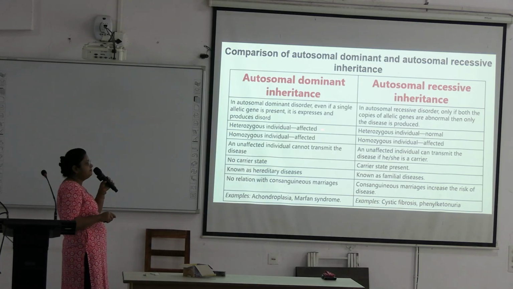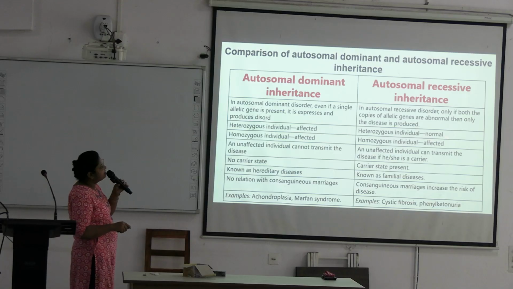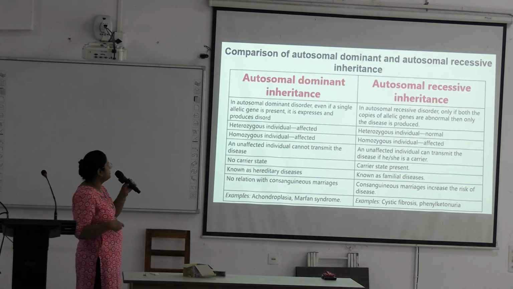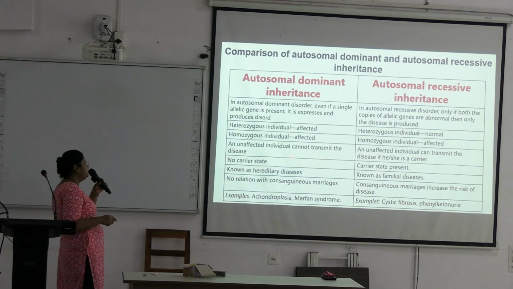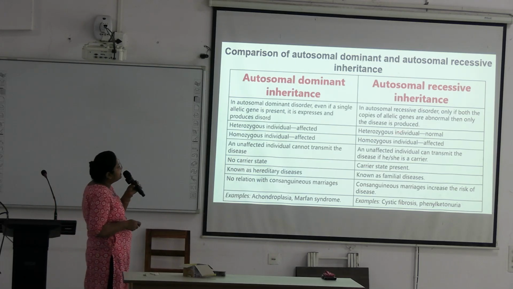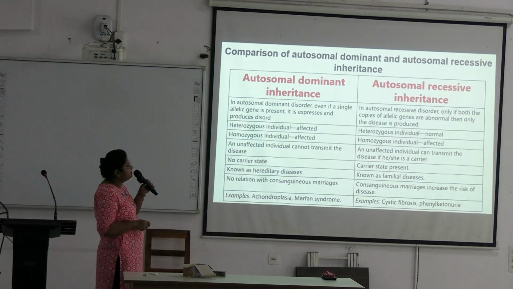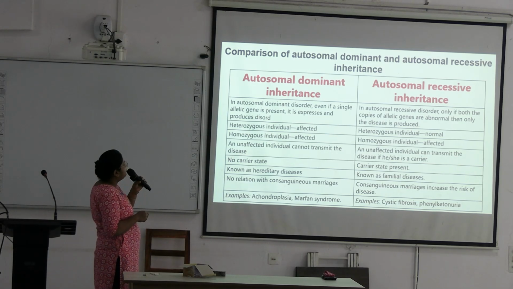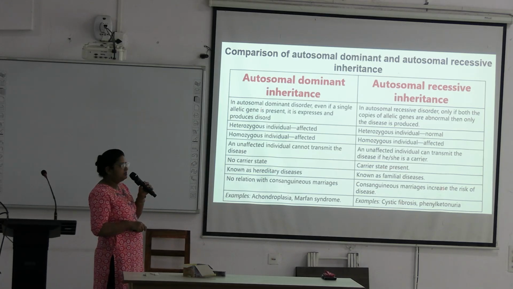Heterozygous individuals are affected in dominant, heterozygous individuals are normal in recessive. A homozygous individual is affected in both cases. An unaffected individual cannot transmit the disease in autosomal dominant, and an unaffected individual can transmit it if he or she is a carrier. No carrier state in autosomal dominant; here the carrier state is present.